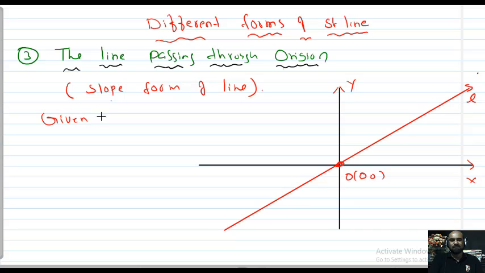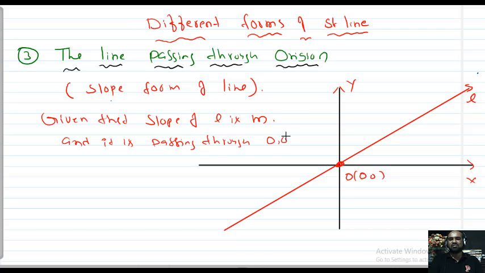Given that the slope of L is m and it is passing through the origin, (0, 0), now I want to find its equation. So students, to find the slope of the line, we need one more point now.